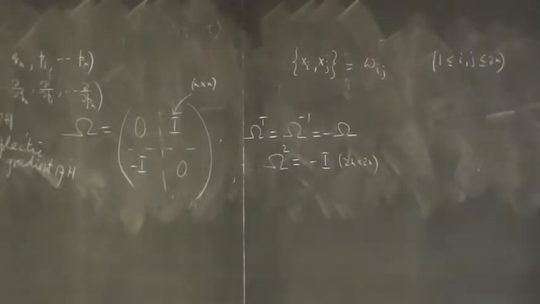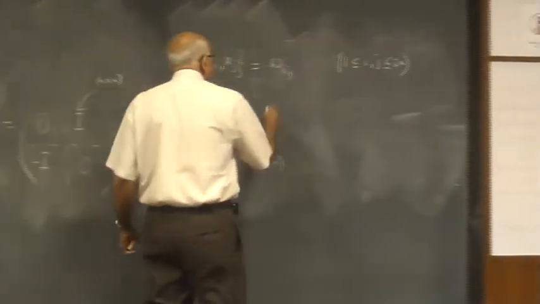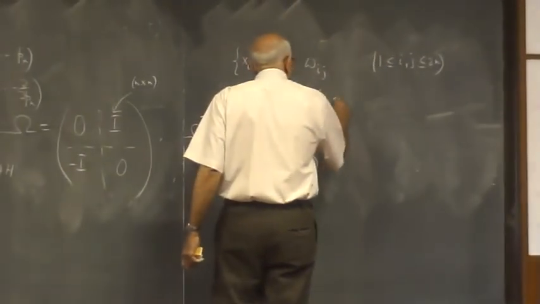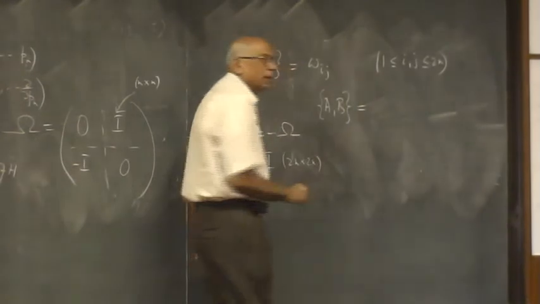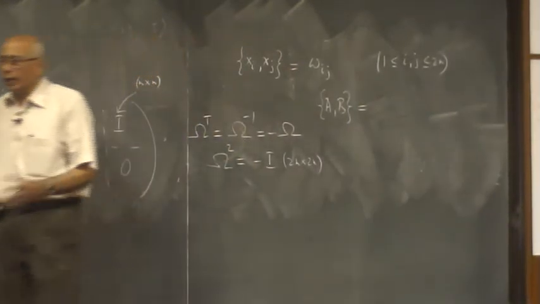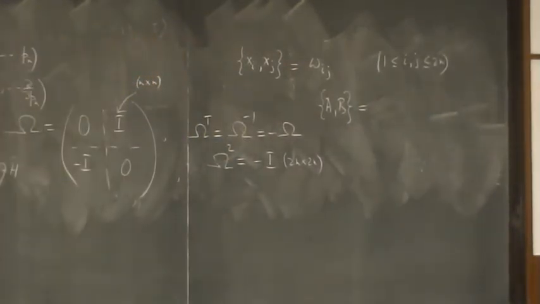Now you could ask, what does it say about the Poisson bracket itself? What does the Poisson bracket of A and B look like in this language? Remember that the Poisson bracket involves all the partial derivatives with respect to A and B in a certain order, delta A over delta Q, delta B over delta P, and then a minus sign, the thing inverted.